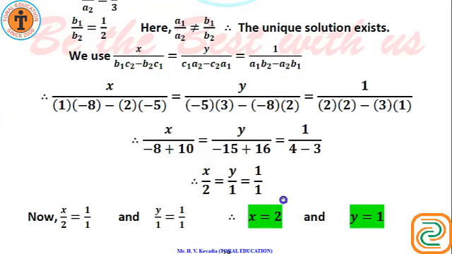This constant term is to be taken with both the variables x and y every time. Okay, x upon 2 equals 1 upon 1, y upon 1 equals 1 upon 1. It's a very easy method. So if we take 2 here, then x equals 2. If we take 1 here, then y equals 1. So our solution is 2 and 1.